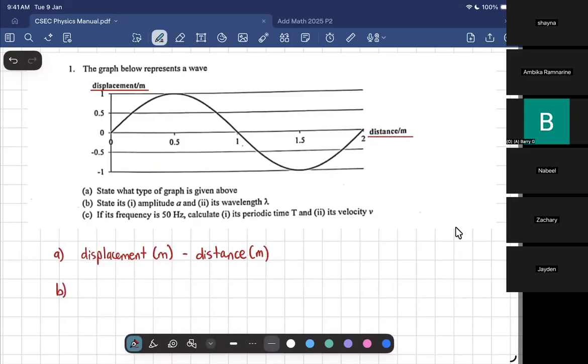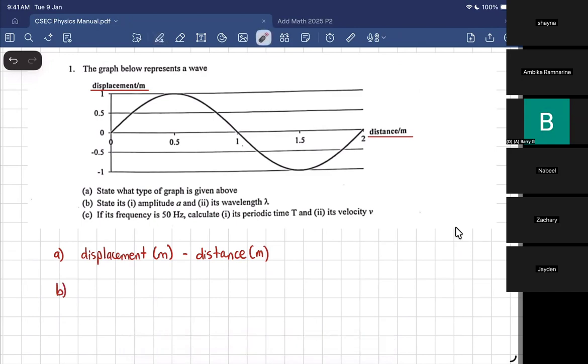Part B, state its amplitude A and its wavelength. So, guys, this will be my resting position, my equilibrium position, and everything else will be a displacement. So look at the graph and tell me, from the graph, what is the maximum displacement?